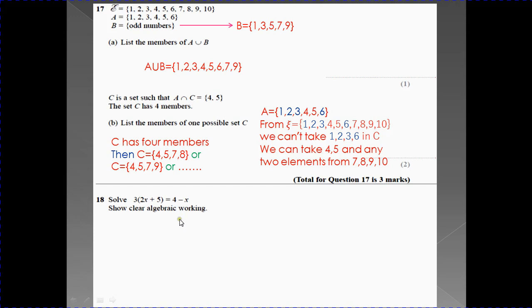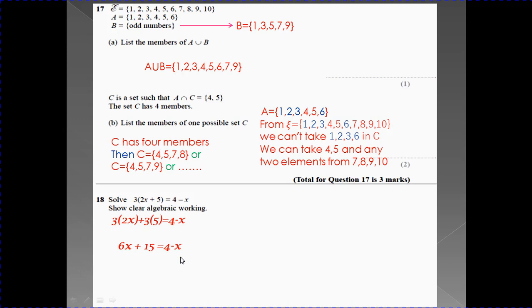Let's solve the next equation. Here it will be 3 bracket 2x plus 5 close bracket equals 4 minus 6. First we will distribute: 3 multiplied by 2x plus 3 multiplied by 5 equals 4 minus 6. Then when we multiply 3 by 2x it will be 6x plus 15 equals 4 minus 6.